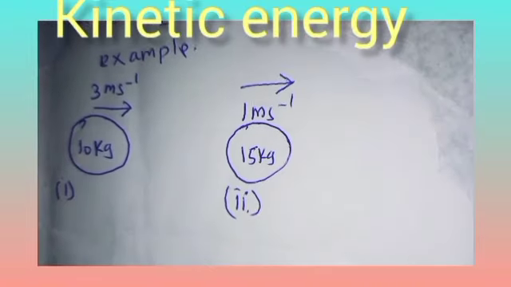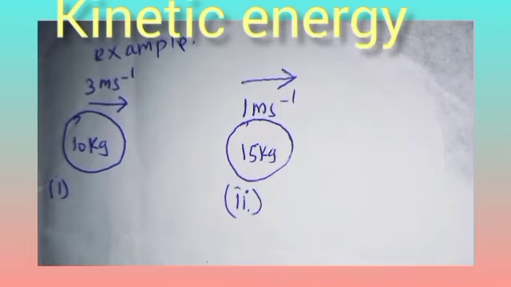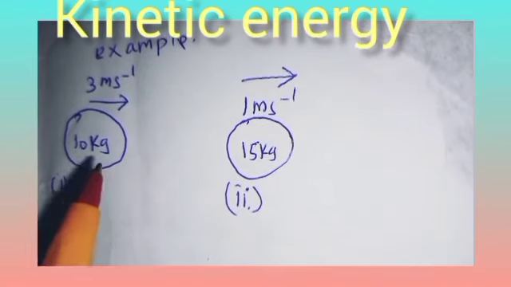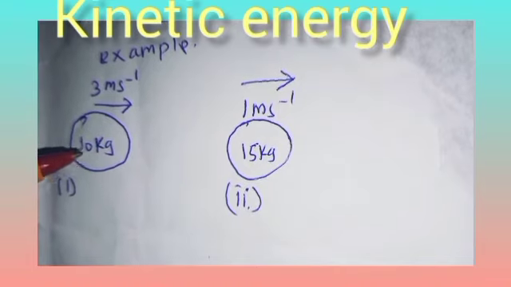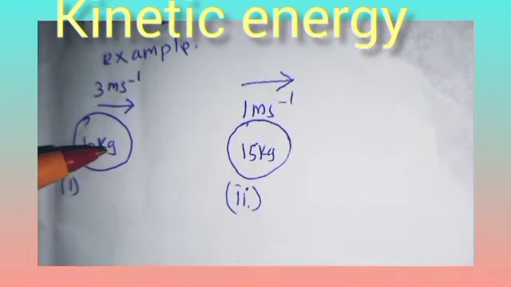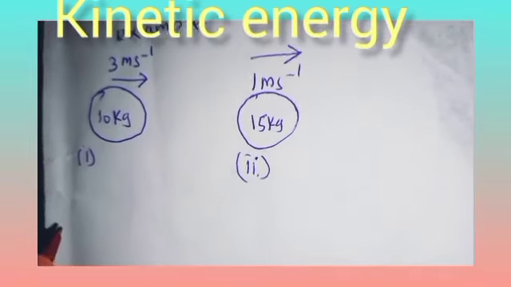Two bodies. Body 1 is moving towards the direction shown here with a velocity of 3 meters per second, and it has a mass of 10 kg. The question is, determine the kinetic energy. It is very simple.